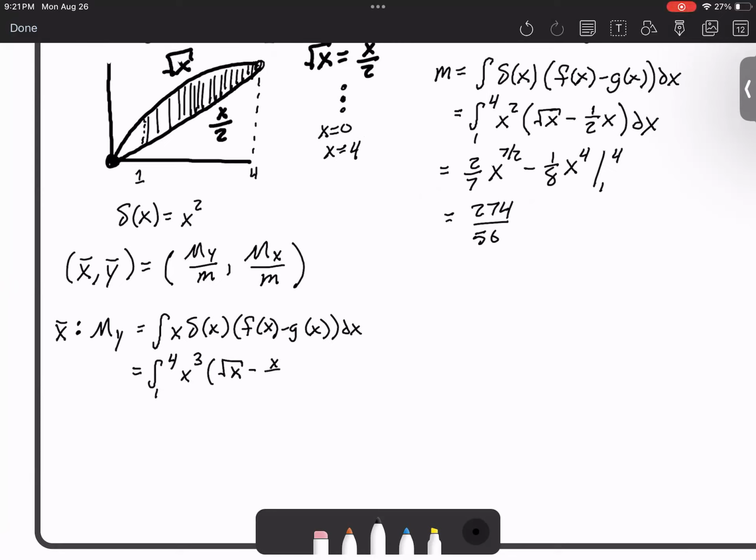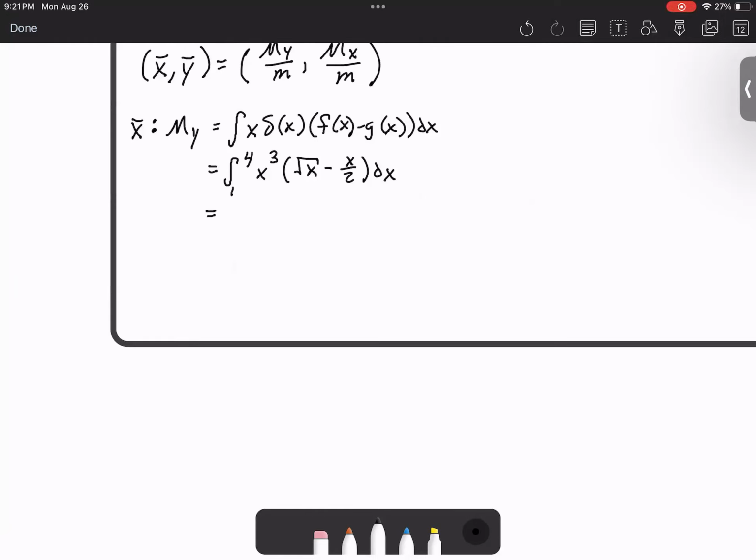Bottom curve, x over 2. After we distribute and find an antiderivative, we get 2/9 x to the 9 over 2 minus 1/10 x to the 5, evaluated between x equal to 1 and x equal to 4. And when we substitute the upper bound and the lower bound and find the difference between those two, we have 1013 over 90.